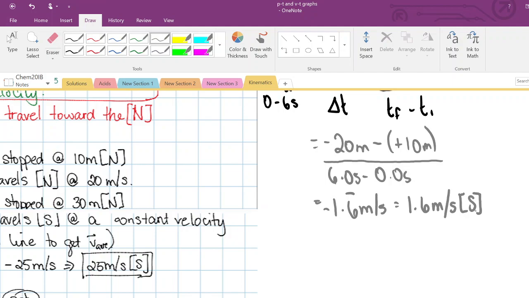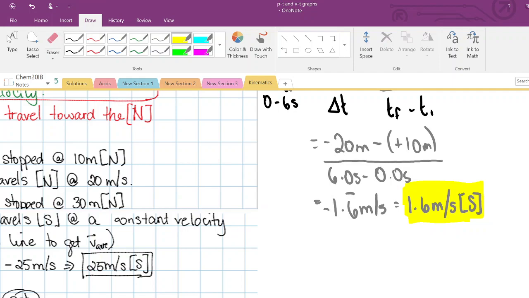Right? That's the same thing you guys would have figured out doing your average velocity calculations last week. The only thing now is that we're figuring this out in terms of our graphs and reading the graphs and knowing that the slope of the line on a position time graph tells us what the velocity is of the particular object.